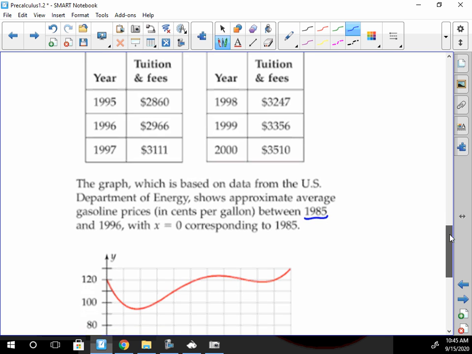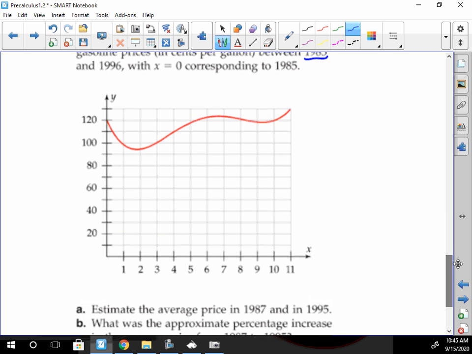It goes to 1986. So this first one is the year 1985, and then it goes up. Estimate the average price in 1987. So that's 85, 86, 87. We go up to there. Your average price would be a little above 90, so you could even say 95.